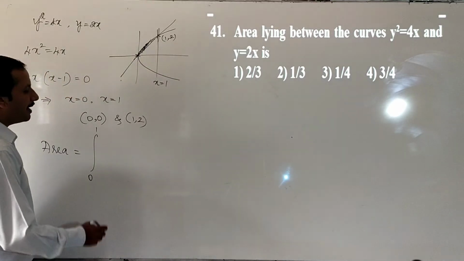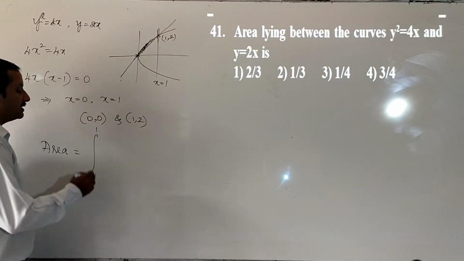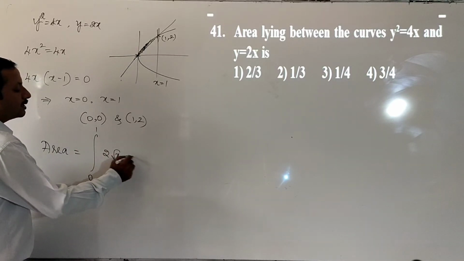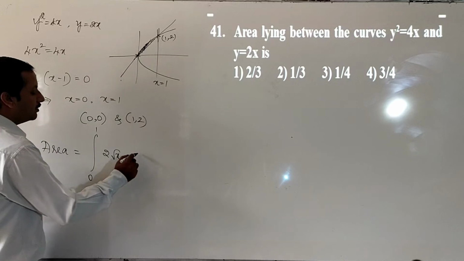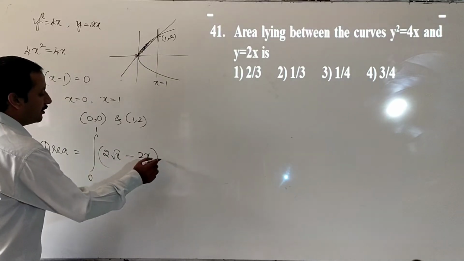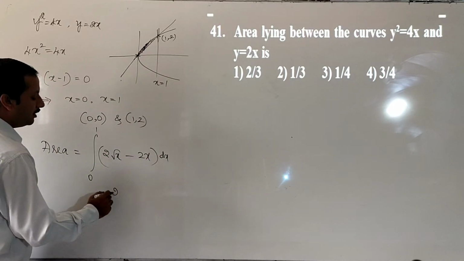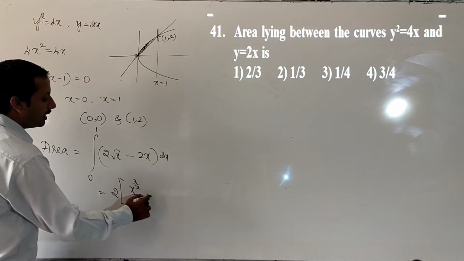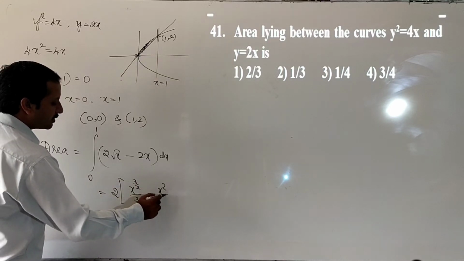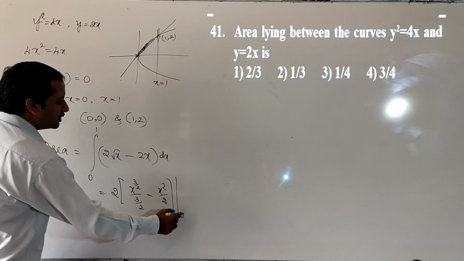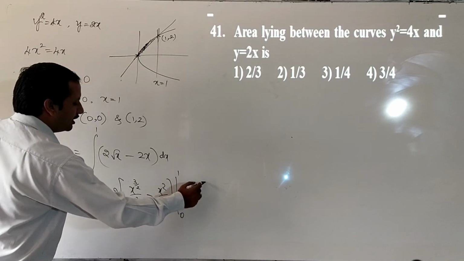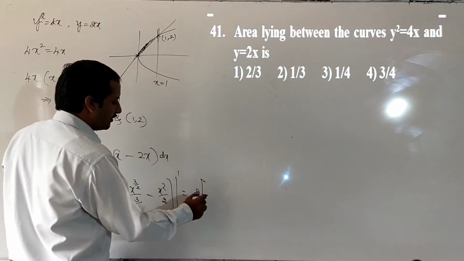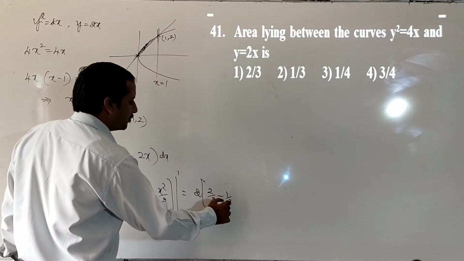So area bounded by parabola, y square equal 4x, so y is equal to 2 root x, minus y is equal to 2x. We have into dx. 2 I will take out. Integral of root x is x power 3 by 2 by 3 by 2, minus integral of x is x square by 2, from 0 to 1. Apply the limit, 2 into put x equal to 1 here, we get 2 by 3 minus 1 by 2.